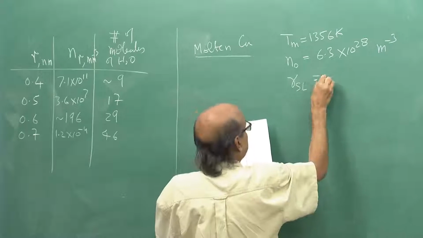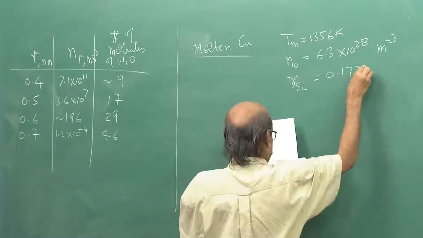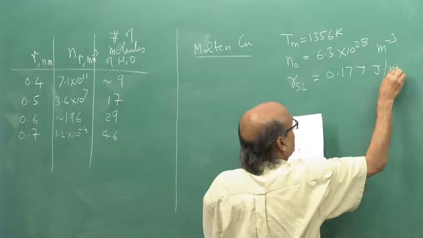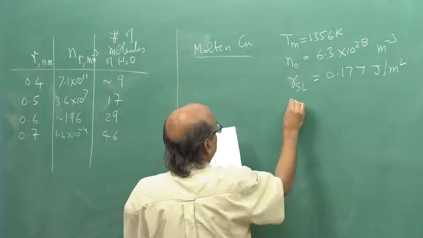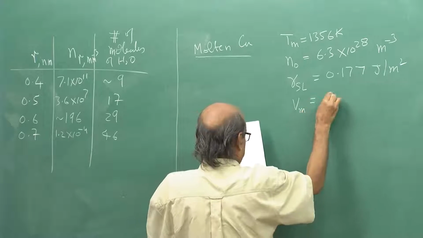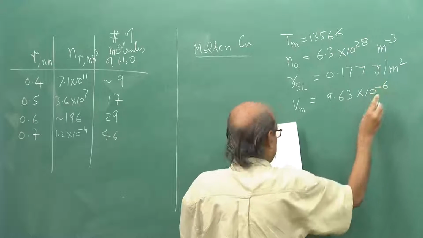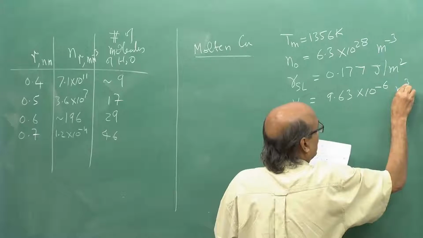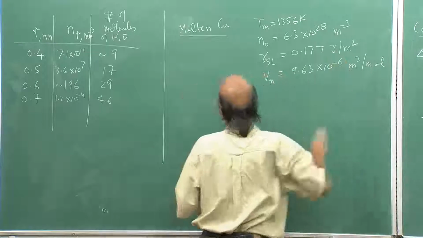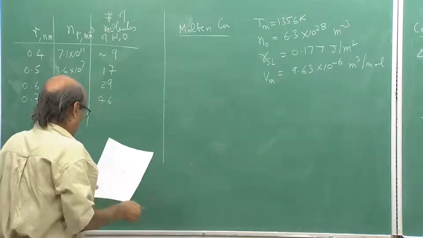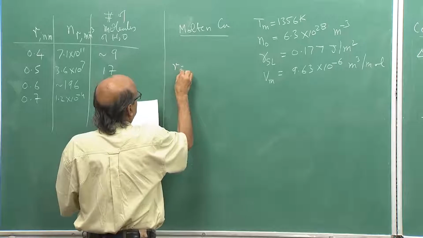Gamma SL is 0.177 joules per meter square, and the molar volume is 9.63 into 10 to power minus 6 meter cube per mole.